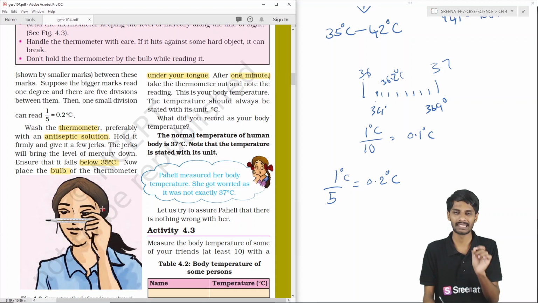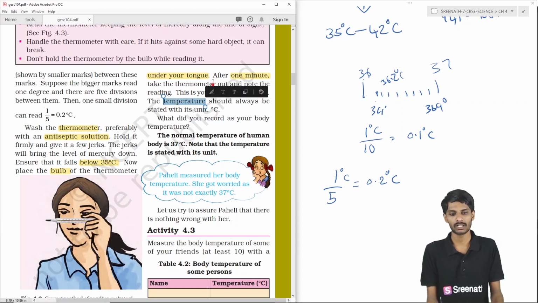Then read the mercury level, so that you will get your body temperature.